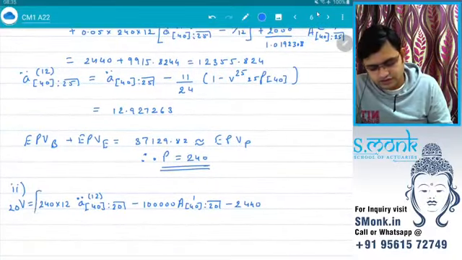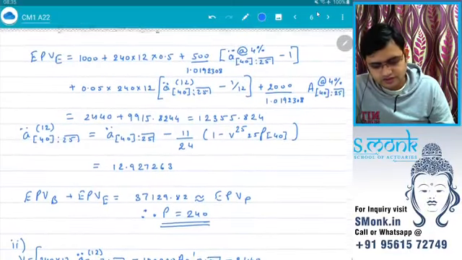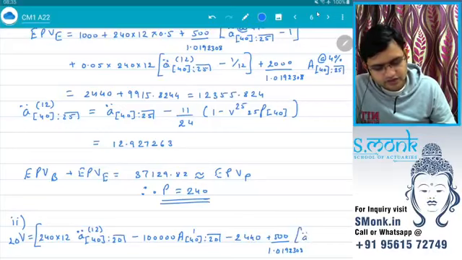I'll write it in brackets because we'll have a lot of terms here. Plus 500 by 1.0192308. In bracket we'll have A due select 40 going for only 20 years, payable 12 times, minus 1, at the rate of 4%.